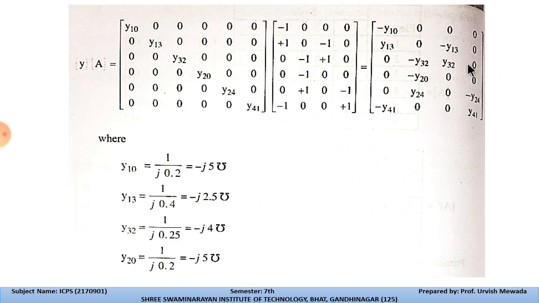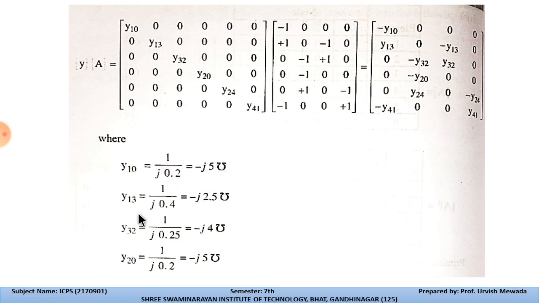We can find all the values given in the data diagram of the network. So 1 upon j0.2 will become minus j5 mho. So this is the admittance. Admittance is the reciprocal of the impedance, so that is why the unit is mho.